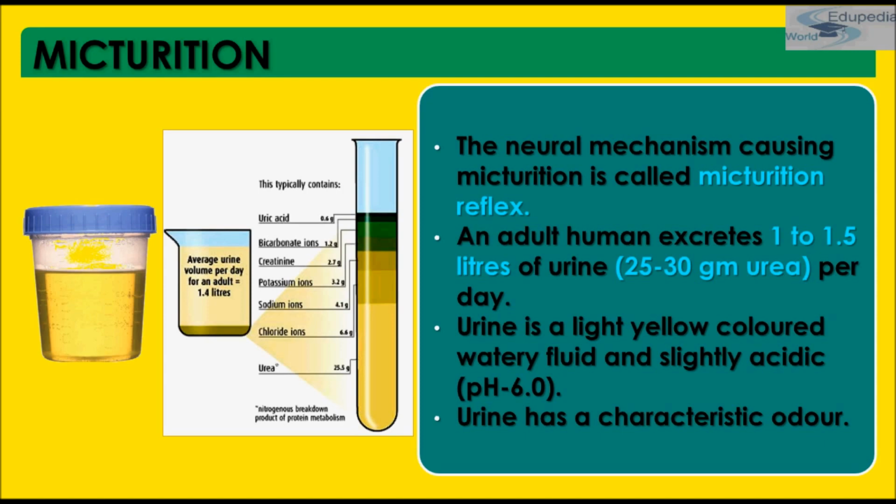The volume of the urine depends upon the fluid intake, level of physical activity, temperature, and extent of sweating. It is yellow in color due to pigments such as urobilin and urochrome, which are produced from bile pigments. And what is the nature of urine?